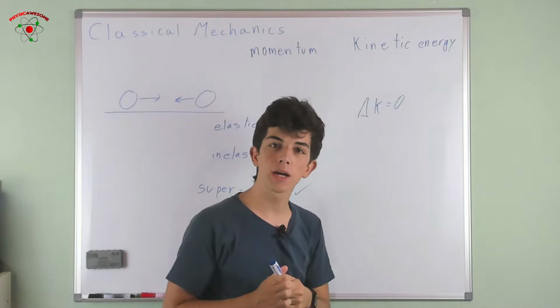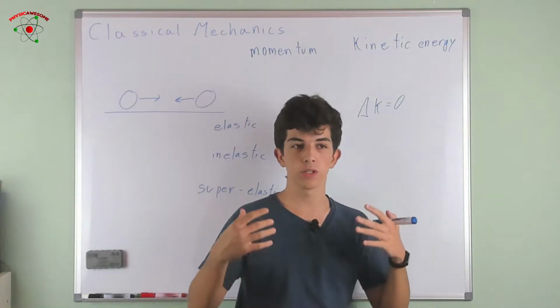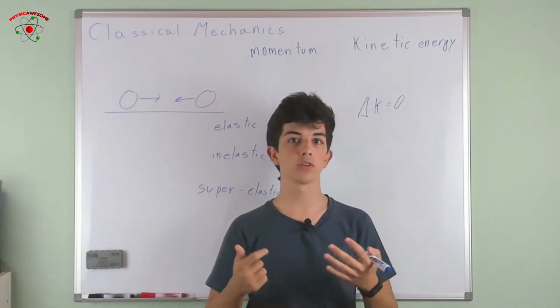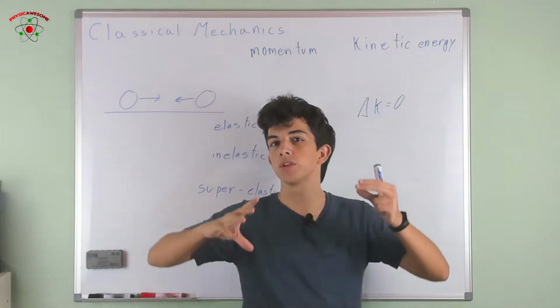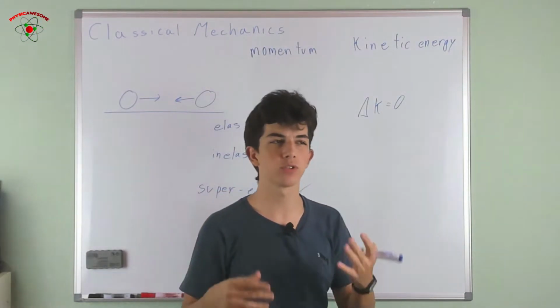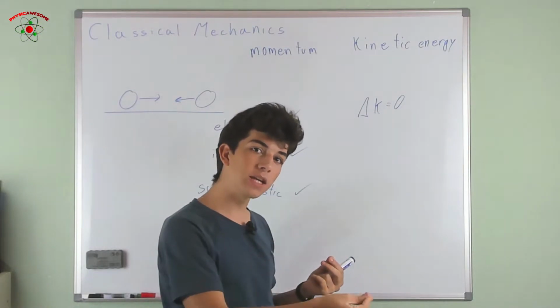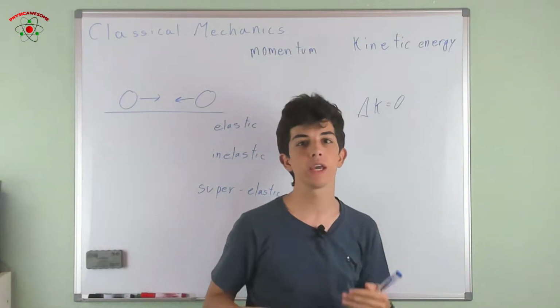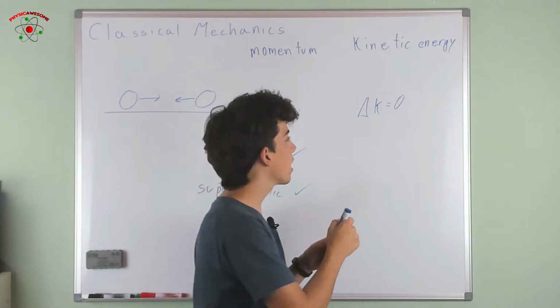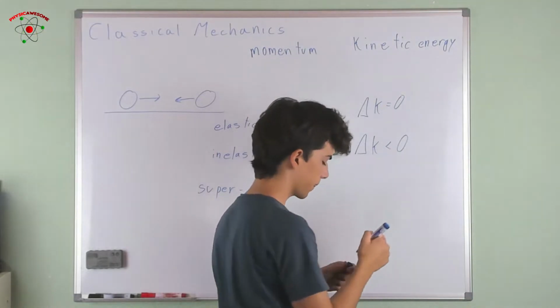Then we have sometimes, for example, when a ball falls to the ground, in which there's also friction, there's sound, there's also some deformation that the ball may suffer. So there's energy loss. There's some kinetic energy that is transformed into heat, into sound. So we have a change in kinetic energy less than 0.